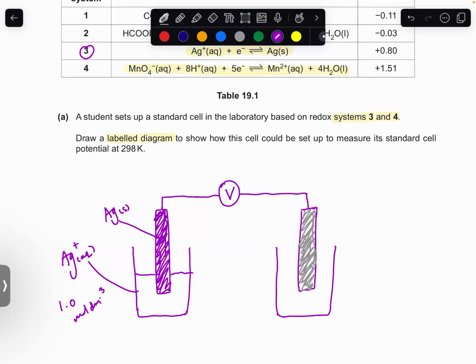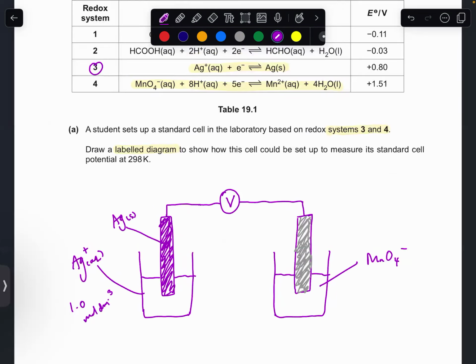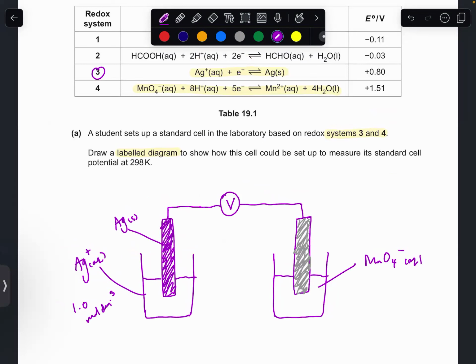And what you've got is MnO4 minus for the redox system. Aqueous, you've got H plus, aqueous, and you've got Mn2 plus aqueous at 1.0 moles each.